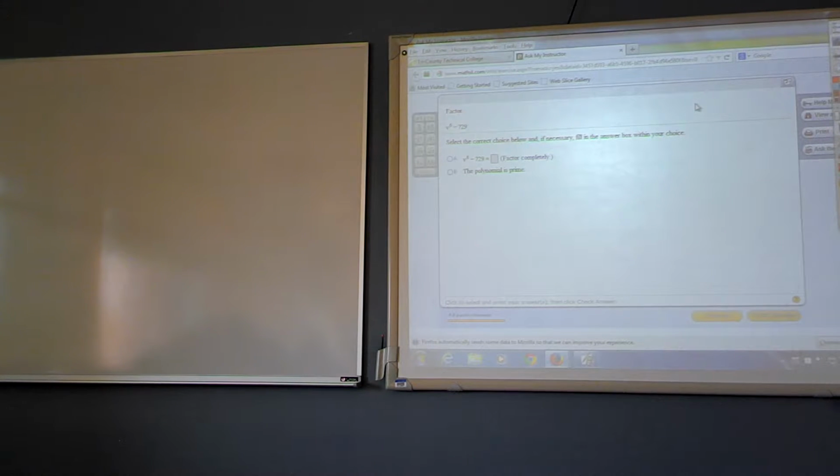Okay, go ahead and do this problem. Take the square root, take the cube root. And we'll do one on the board, and we'll do the other one on the whiteboard. I think you can see both of them. Come on in. Yeah, you should be able to see them.